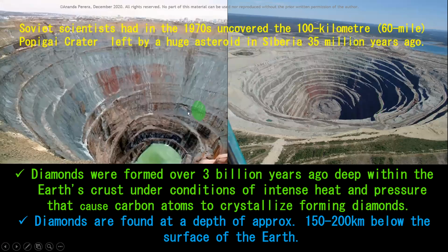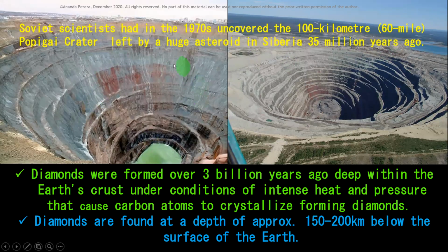Now look at this. Soviet scientists in the 1970s uncovered the 100-kilometer, that means 60-mile, Popigai crater left by a huge asteroid in Siberia 35 million years ago.